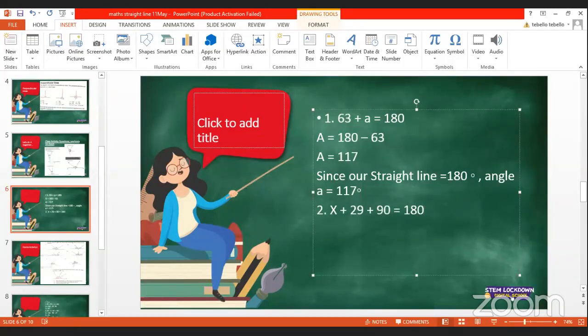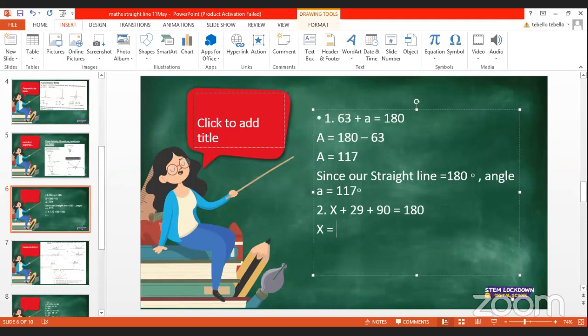Why? Because we are working on a straight line, right? If we were not working on a straight line, it wouldn't equal 180 degrees. But we are doing geometry on a straight line, so it's 180 degrees.